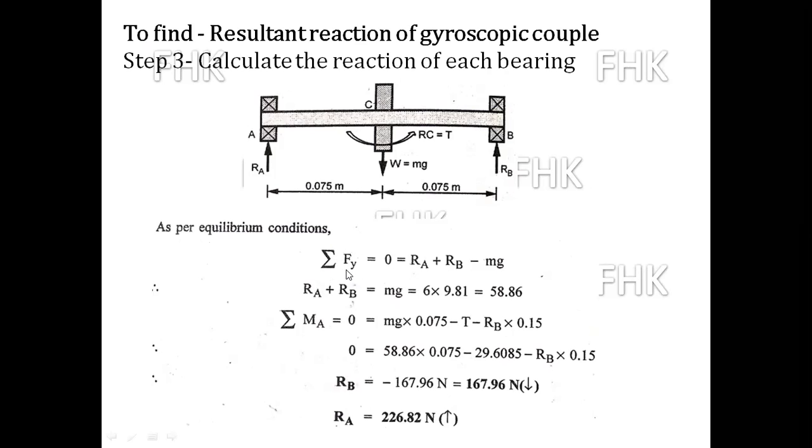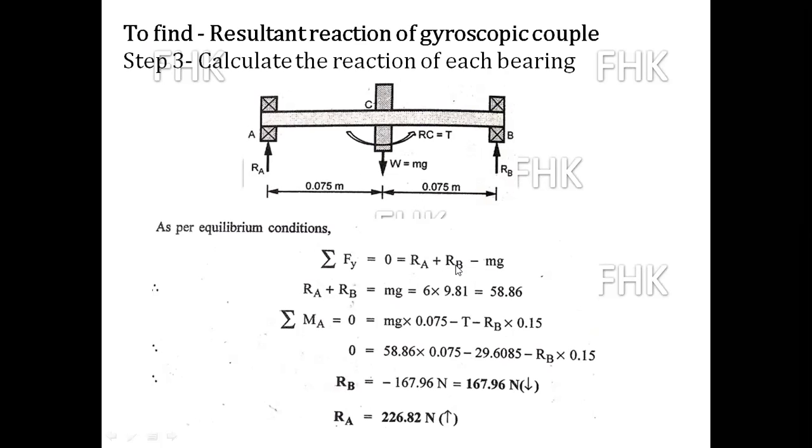That is equal to Ra, the reaction at A in upward direction, which I will take positive, and Rb, the reaction at B, again moving in upward direction, so it will be positive. The weight is acting in downward direction, so the weight will be minus.